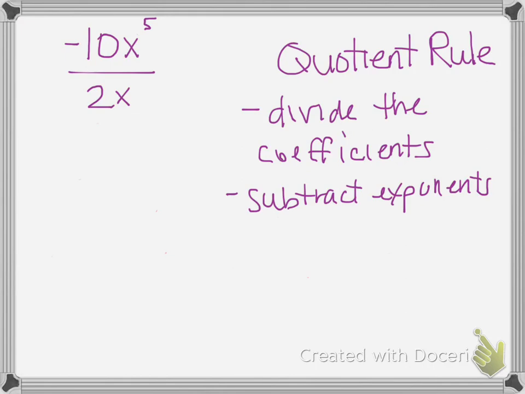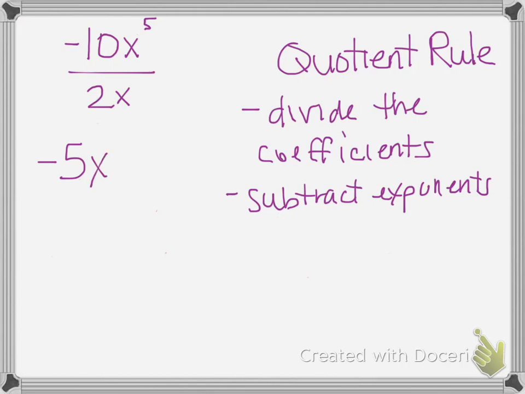We begin to evaluate the expression by first dividing the coefficients. Negative 10 is in the numerator and 2 is in the denominator. So after we divide those two numbers, we end up with negative 5. We then look at our variables to see if they are the same. They are both x's, so we can subtract our exponents, keeping the x for our base.